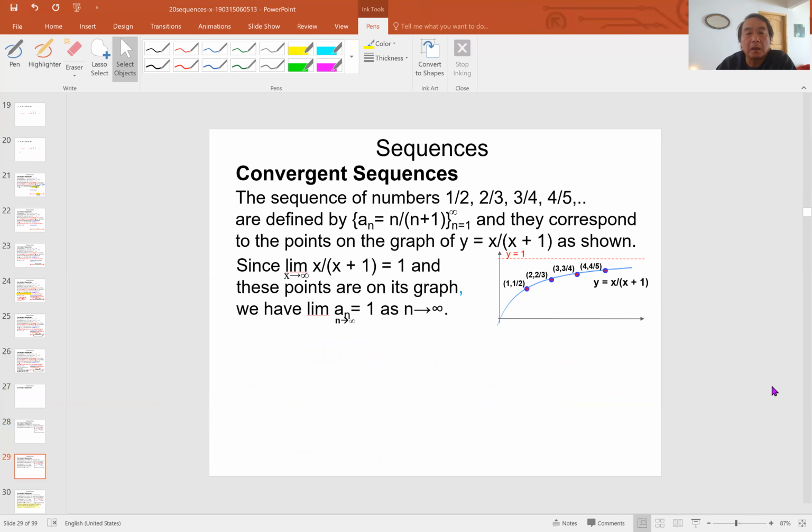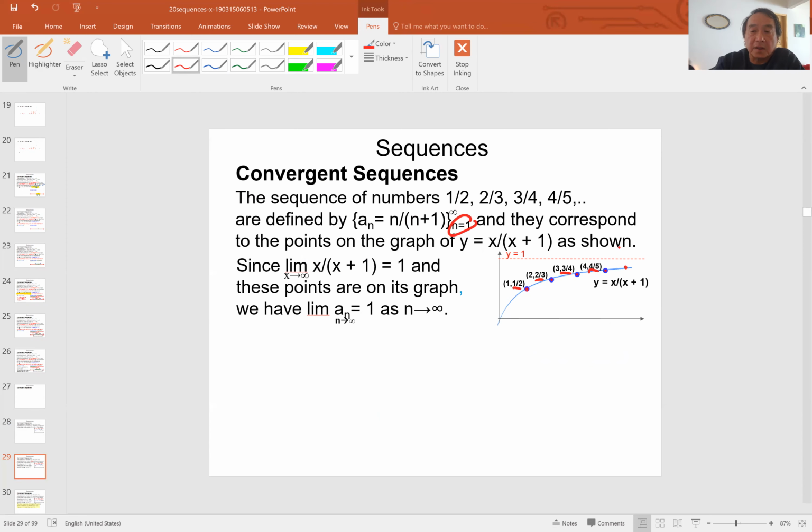If the sequence is defined by an elementary formula in x, and the function f(x) converges, like in this case it goes to 1, the sequence is only part of the function, putting in integers 1, 2, 3, 4. So the sequence will be only points on this curve.